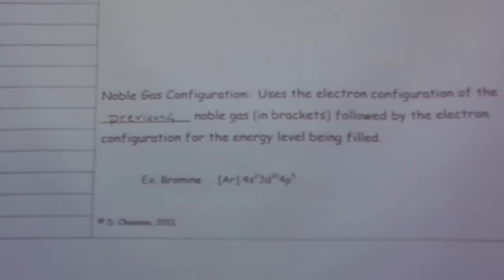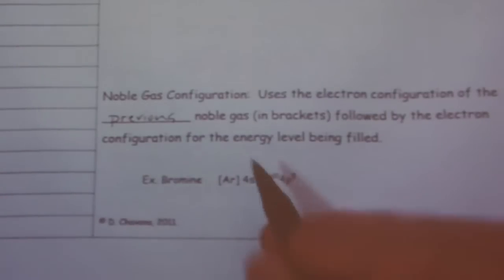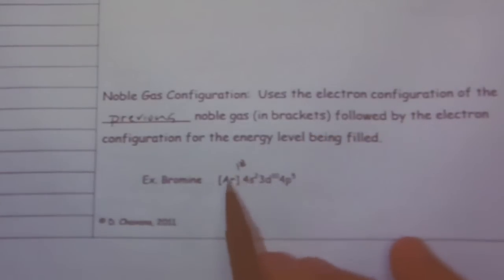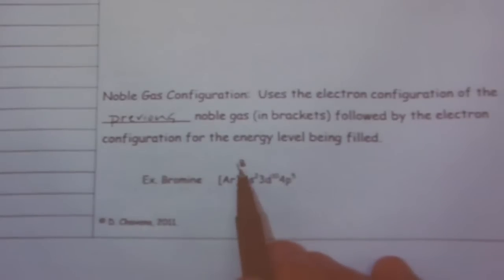Argon has 18 electrons. So simply by writing Ar right here in brackets, I'm really indicating 18 electrons, right? So 18 electrons there. Then after those 18 electrons are distributed, the next orbital is the 4s orbital.